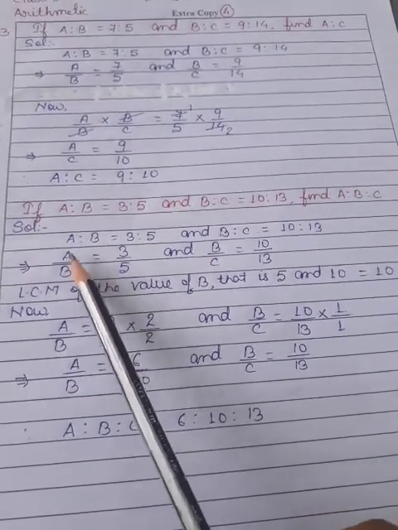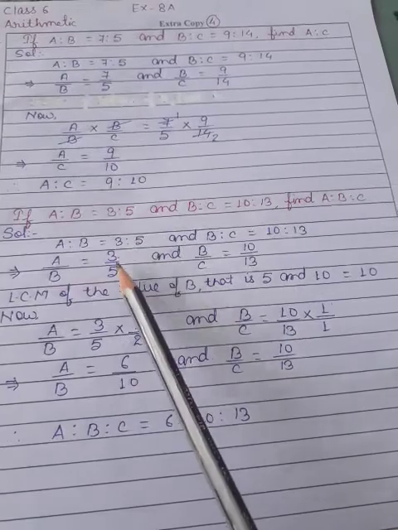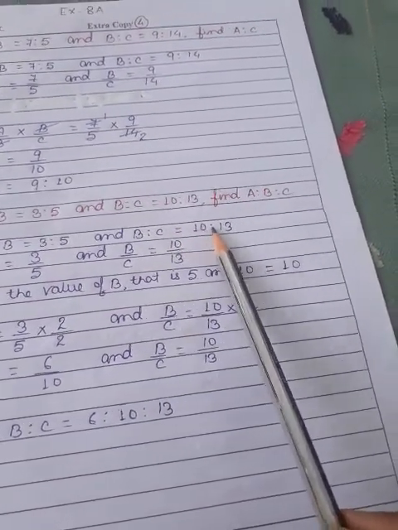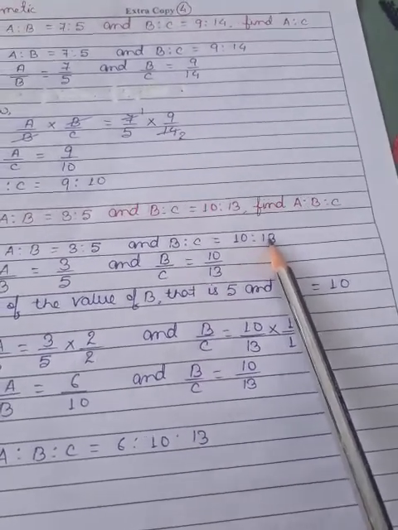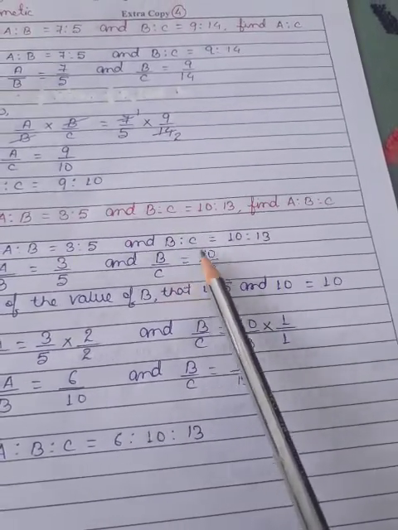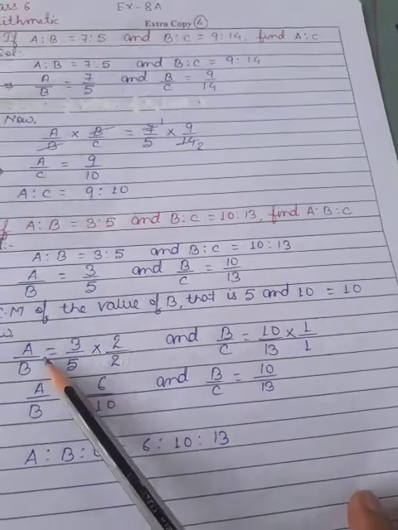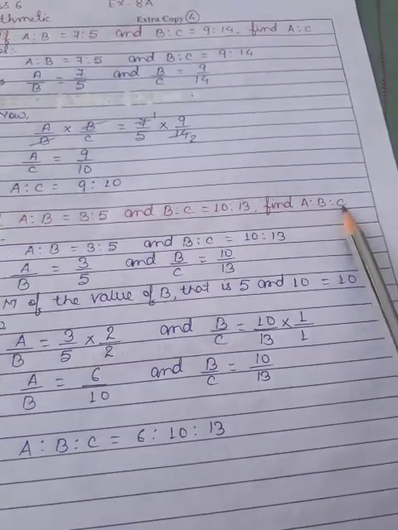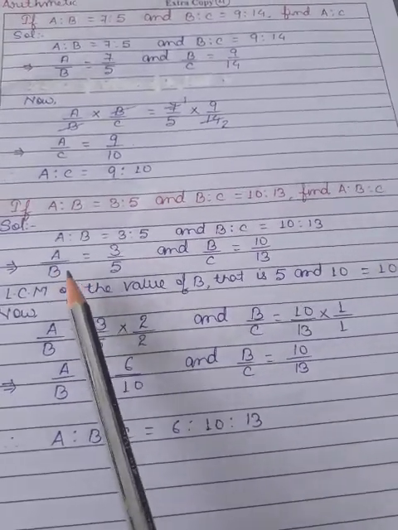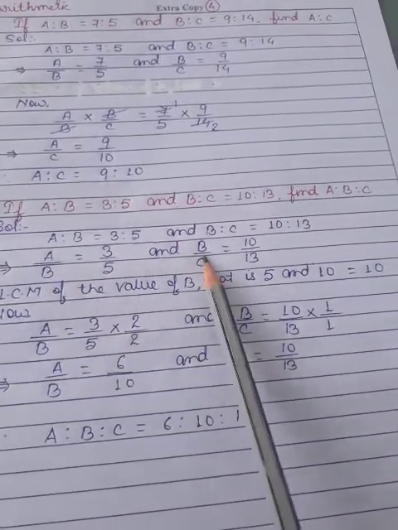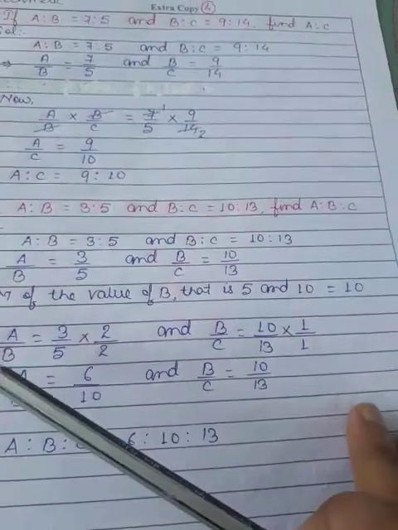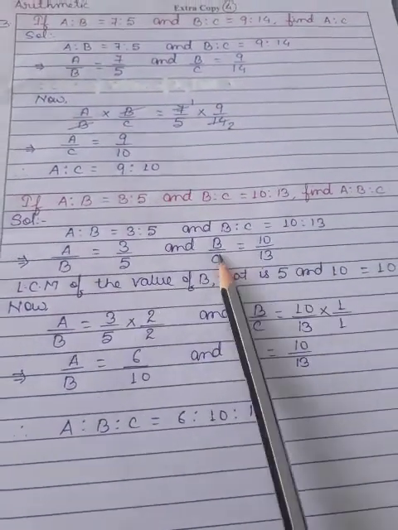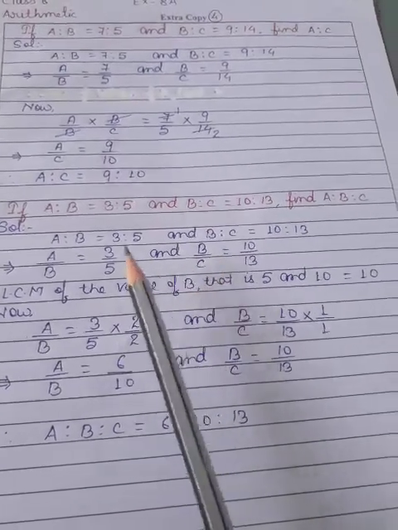So we can write A by B equal to 3 by 5, and B ratio C is given 10 ratio 13, so we can write B by C equal to 10 by 13. Now we have to find A ratio B ratio C. That means here we cannot directly multiply left hand side with left hand side and right hand side with right hand side.